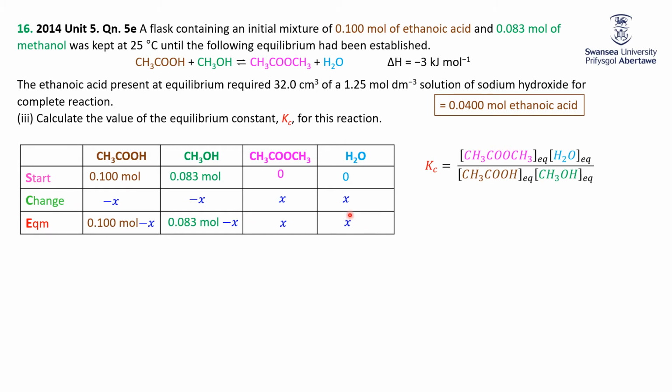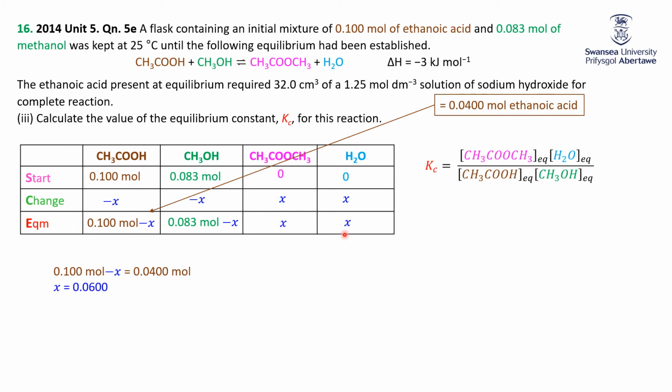Again, the point of a SCA chart is you get all of the equilibrium values in terms of one variable, X. So you either know Kc, in which case you can get X, or you are asked for Kc, in which case somehow you must know X. Well, we're asked for Kc here, thus we must know X. So let's use the calculation that we just did that tells us that at equilibrium we have 0.04 moles of ethanoic acid. In other words, 0.1 minus X is equal to 0.04, thus X is 0.06.